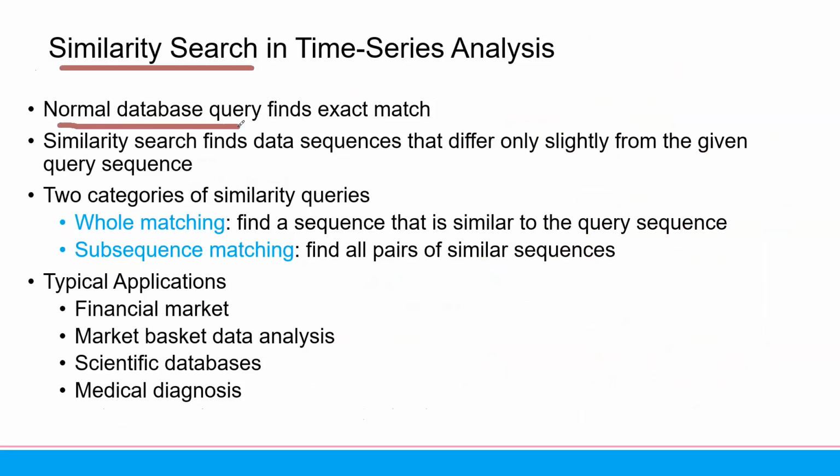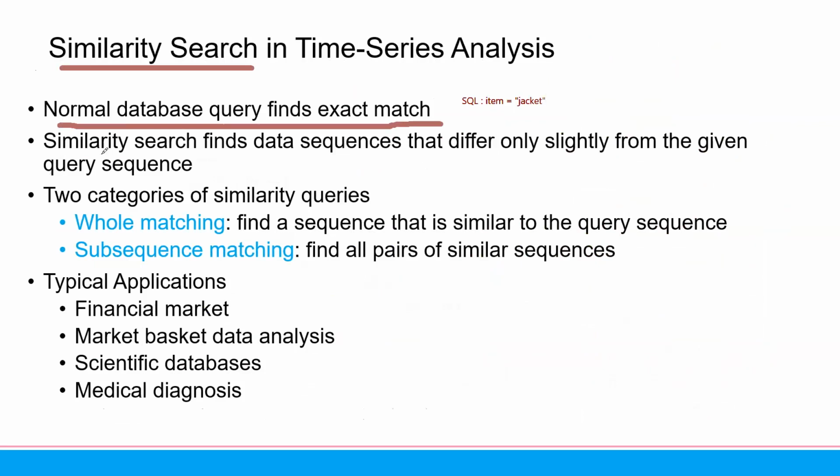In a normal database, you can query to find the exact match. If you use SQL, the structured query language, you can find, is there any item equal to jacket? Then we will find the item name equals to jacket.